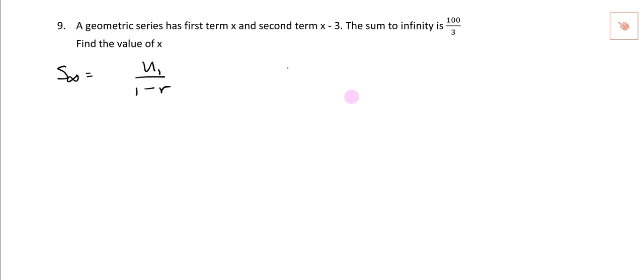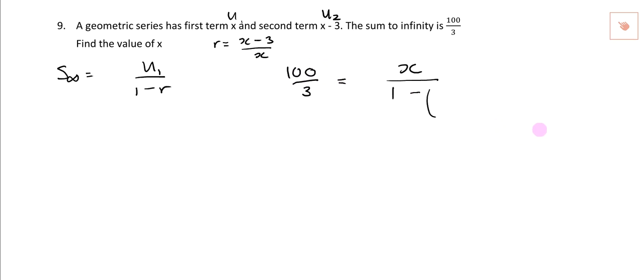We've got 100 divided by 3 is equal to u1, which is x, divided by 1 minus r. Now the ratio is u2 divided by u1, yeah? So r is (x minus 3) divided by x. So I need to put that in there.